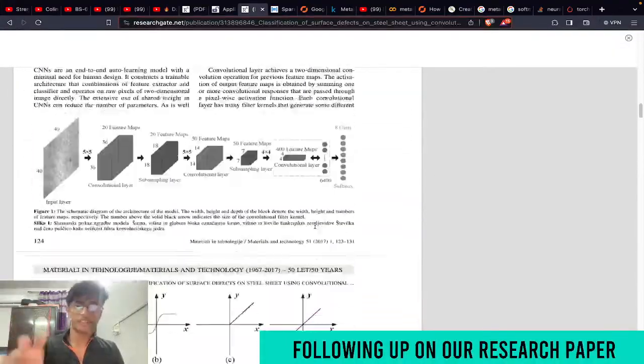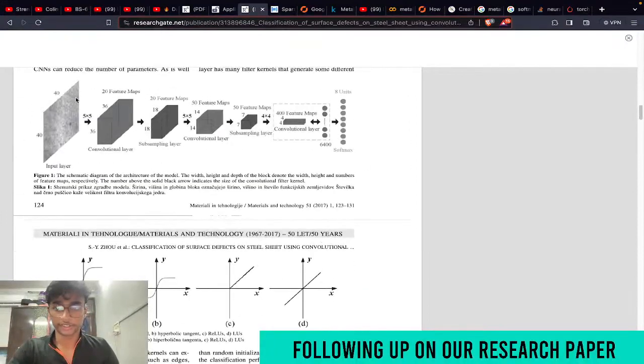We are using their same neural network and training it once by traditional network training and once by our proposed method, the greedy layer wise training. We are trying to see the differences in the accuracy and training time achieved when we train it by our method versus the traditional training method. So that's what we are trying to do.